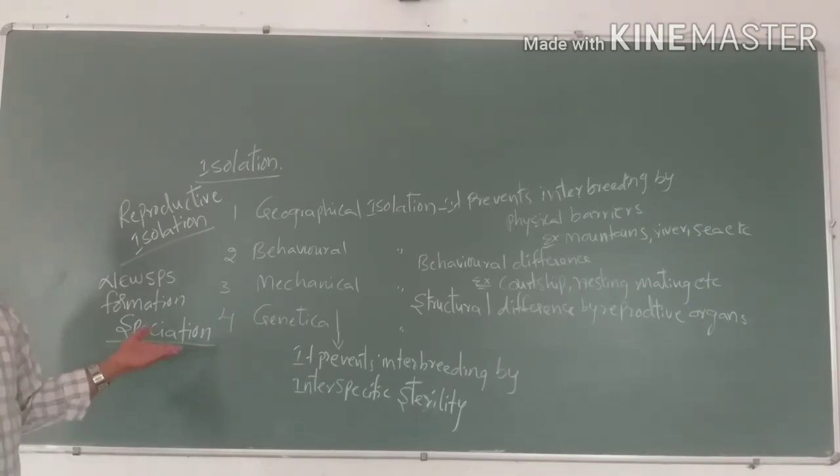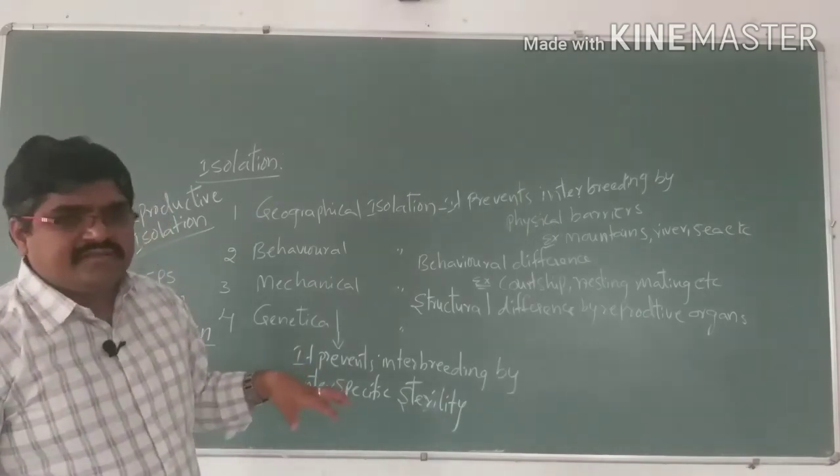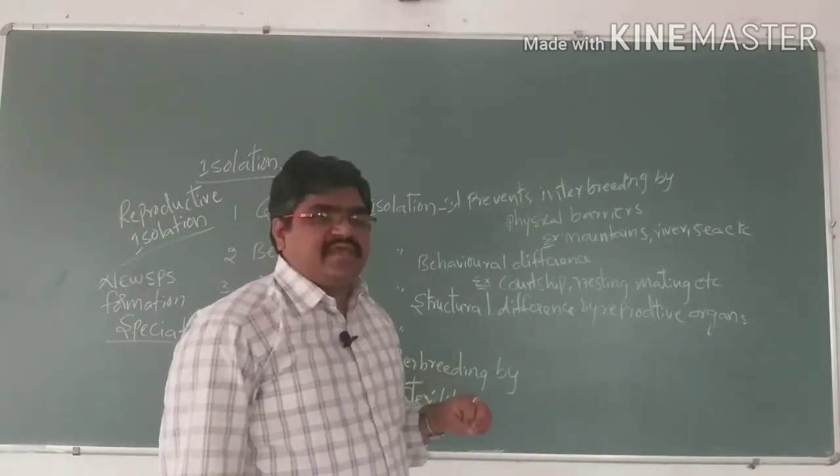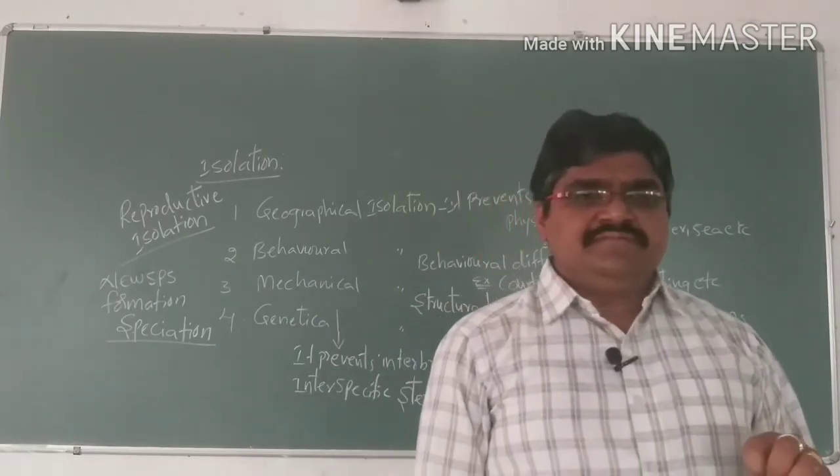So these are the 7 factors which affect the Hardy-Weinberg law, or the factors affecting the mechanism of evolution.